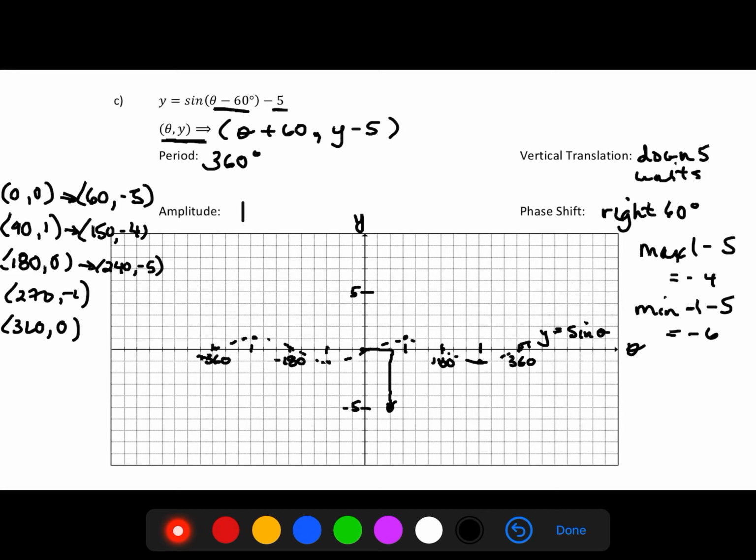So each point is going to move right 2, which is 60 degrees, and down 5. We also know that we could use key points from here: over 3, which is 90, and up 1, over 3 back to the middle, over 3 down to the bottom, over 3 up to the top. And again, the opposite way as well.